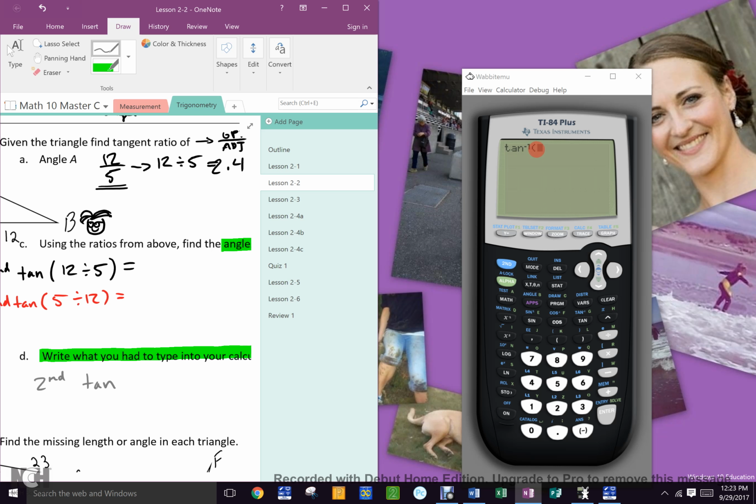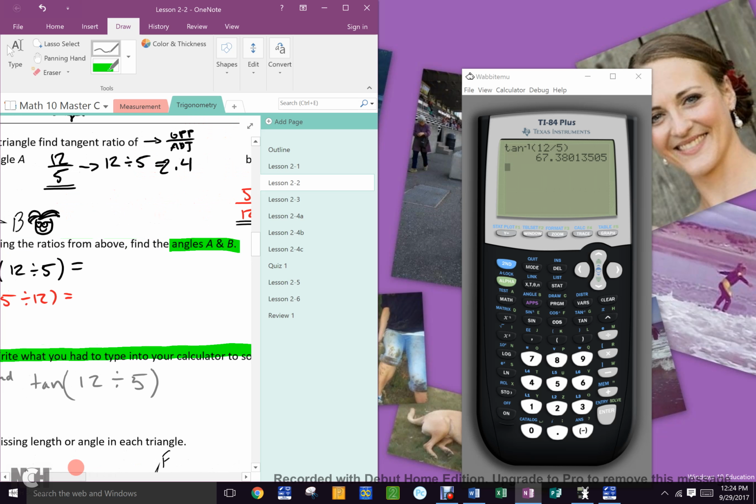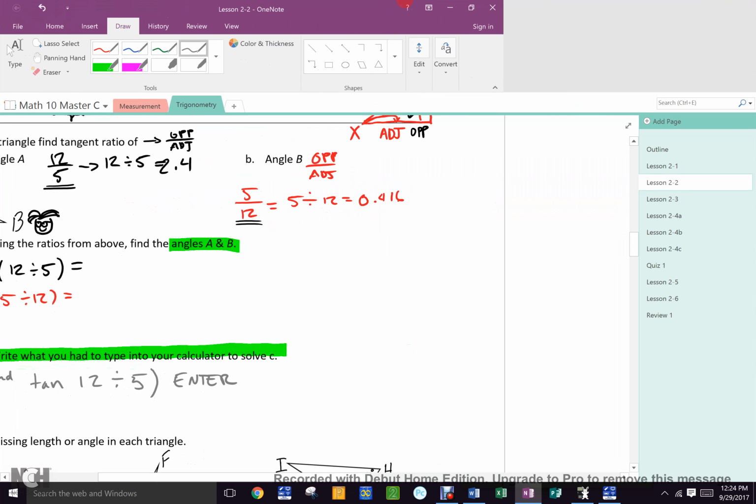No. Do some of you? Yeah. Yes. I don't need to push the first bracket. So the next button I push is what? 1, 2, divided by 5. Then I must close my bracket. Then I must push enter. So on my calculator, I didn't need to push that first bracket, and my equal sign is enter. Does everybody understand?